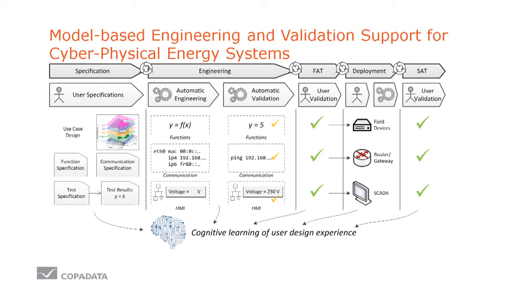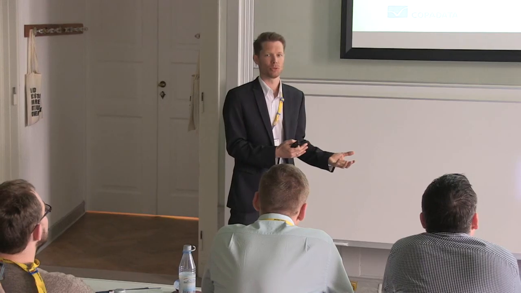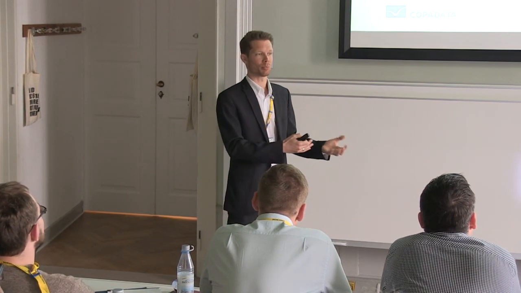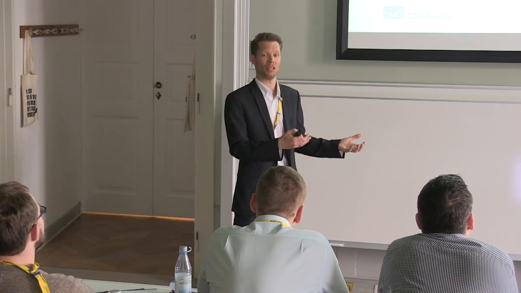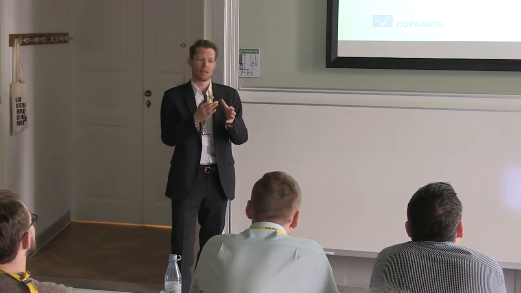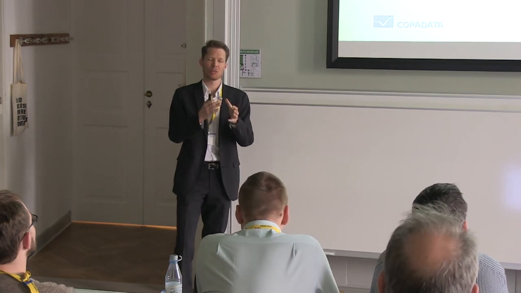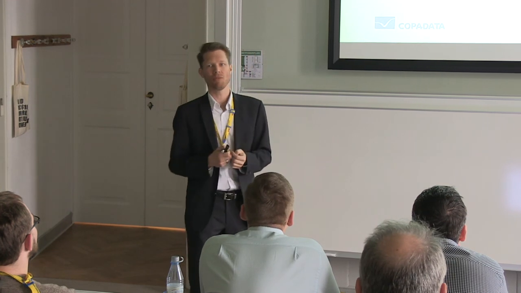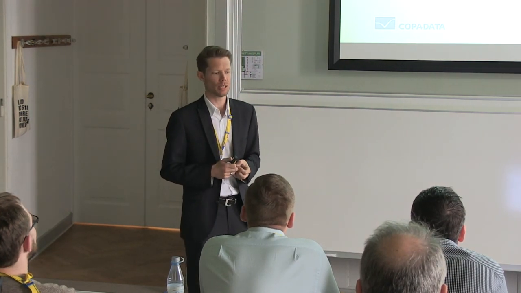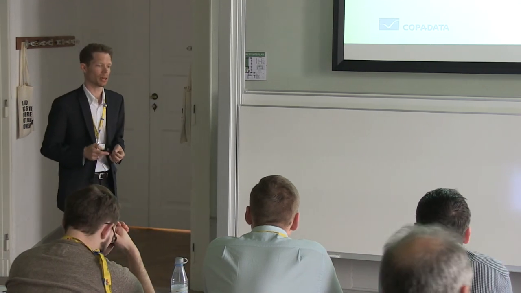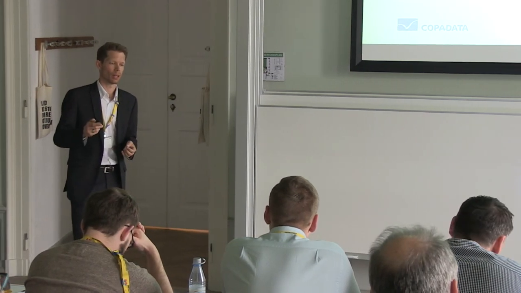Because I said before, there are fewer errors if you do something automatically, but there can still be errors because it was a human being who made that, and you reduce the possibility of errors if you automatically validate the output of this automatic engineering. This is an idea we are currently working on.